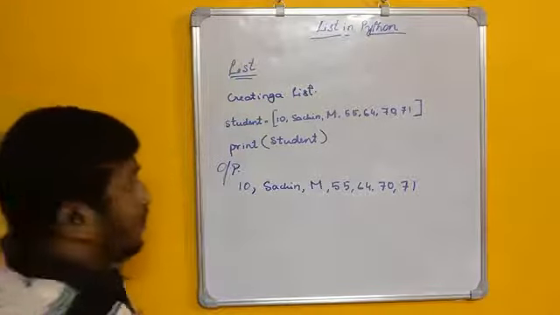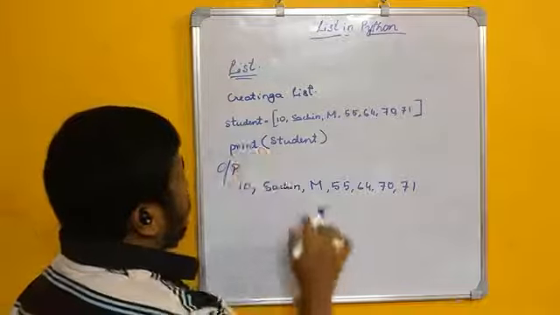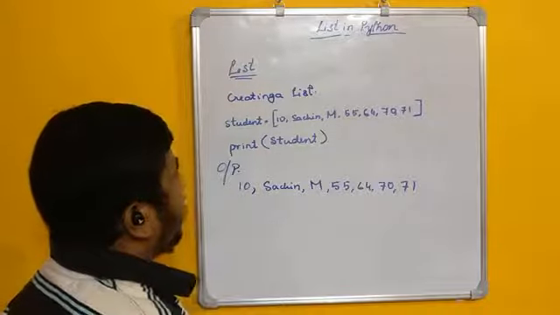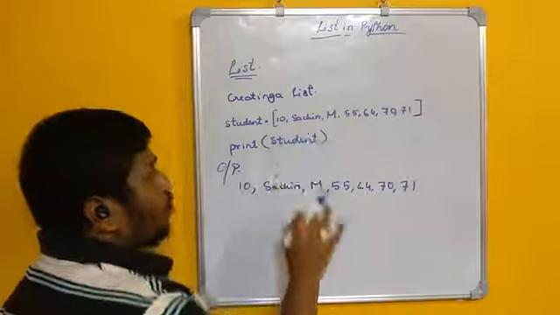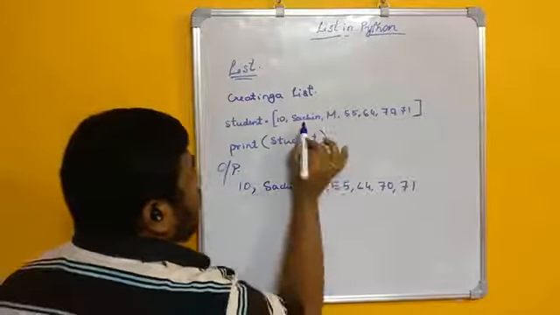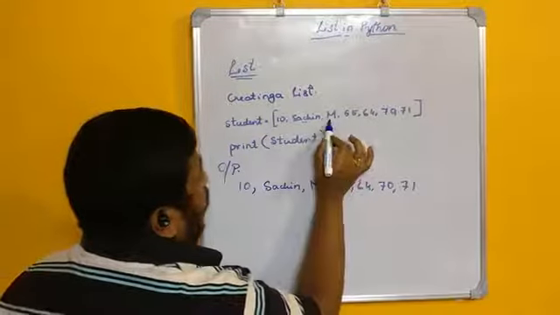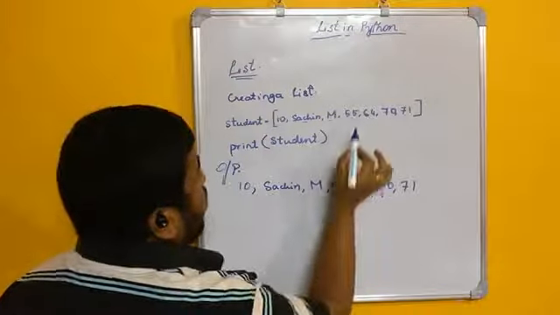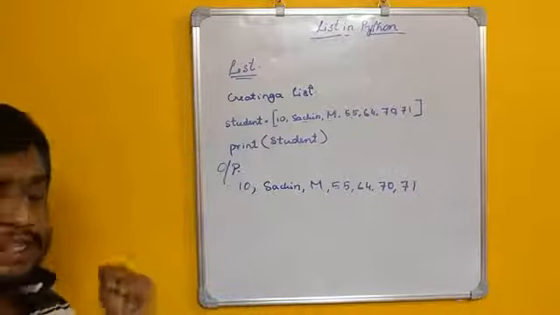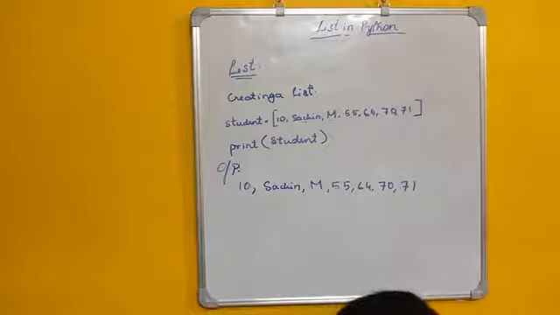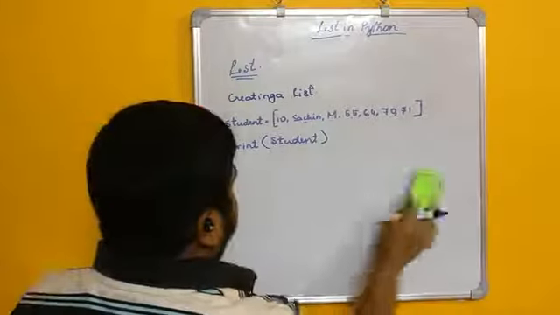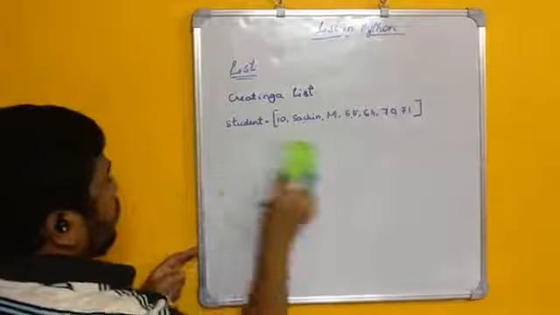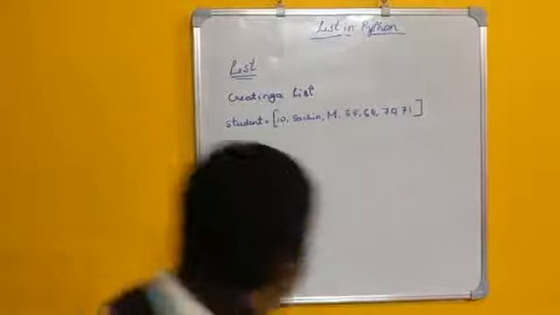So here all the elements are printed because we have passed the whole list. If we want only Sachin or male or 55, we can index it. How to index? In the print statement we have to pass the index.